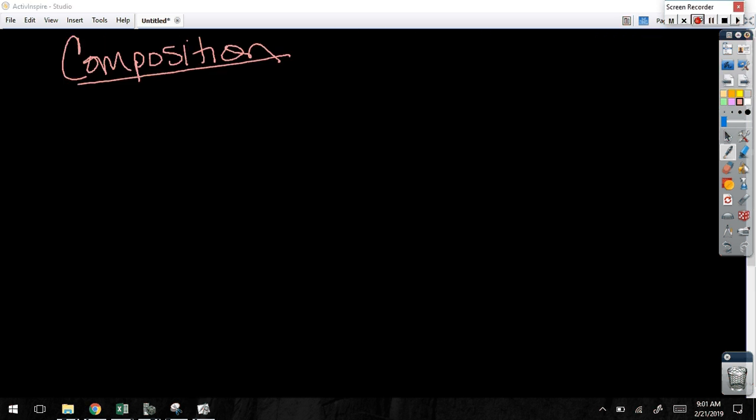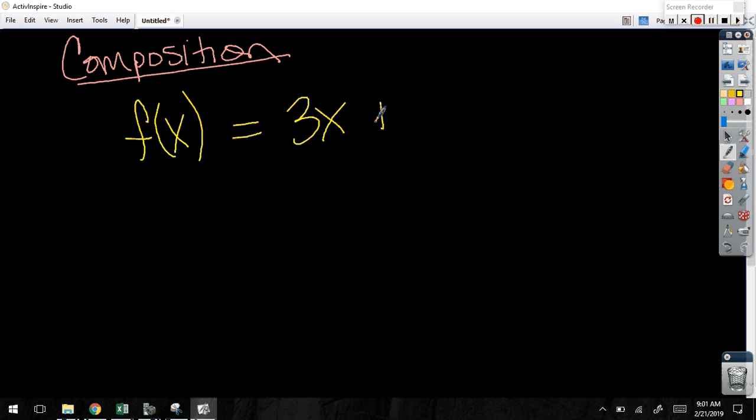Here we go. Composition. These are new f's and g's and everything else, so draw a big line in your notes. If I told you that f of x was 3x plus 7, a simple linear function, what is f of 2?